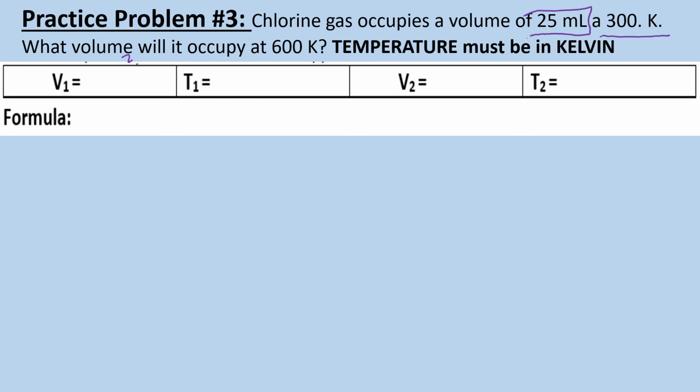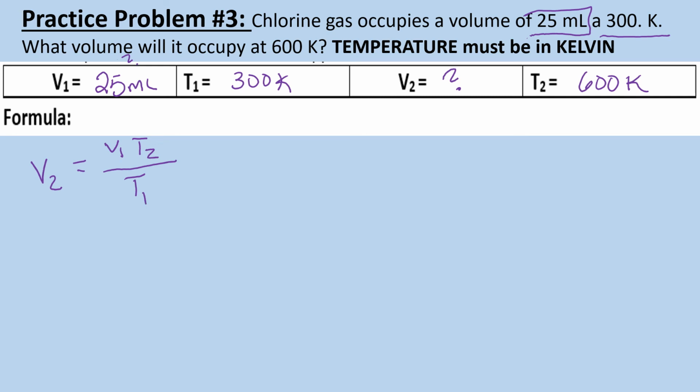So it starts out with 25 mils, and it told me 300 Kelvin, and it wants to know the second volume at 600 Kelvin. Okay, so our formula for this is V2 is equal to V1 times T2 over T1.